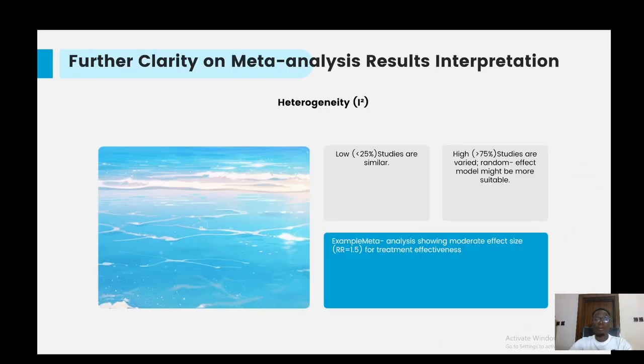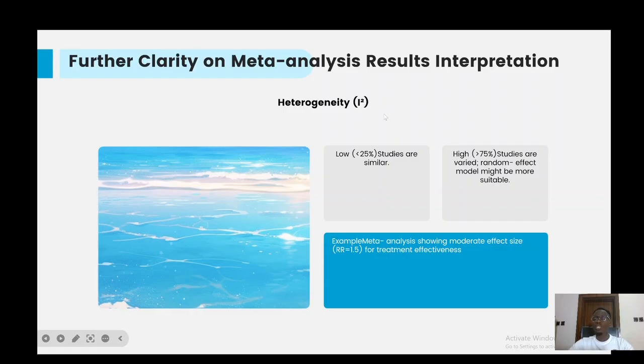Now, some further clarity on meta-analysis is what we call heterogeneity. It's very important we understand this. That is usually what you see reported as I squared. What this illustrates is how different the studies are. The heterogeneity cutoff point is usually 50%.